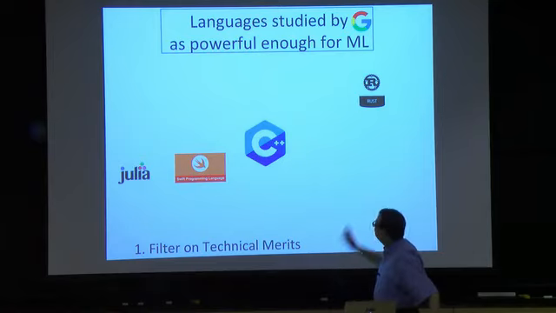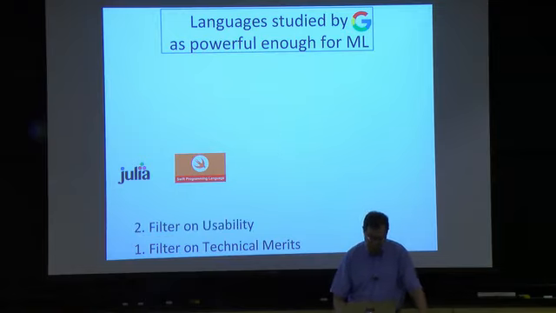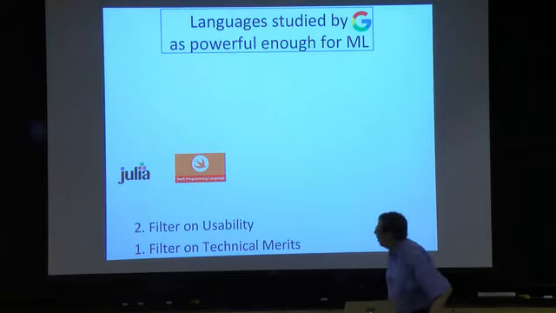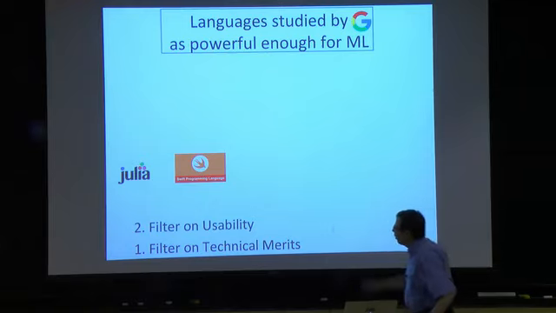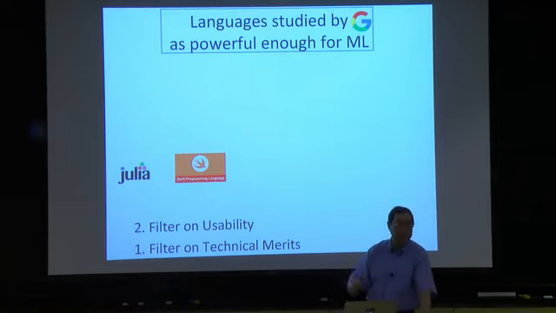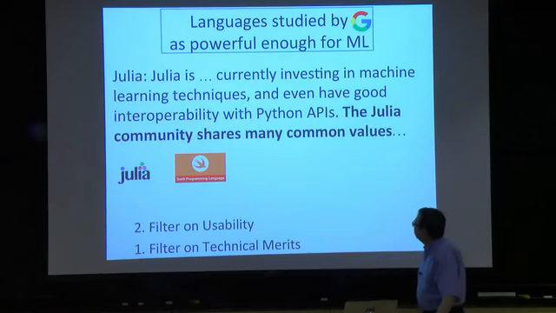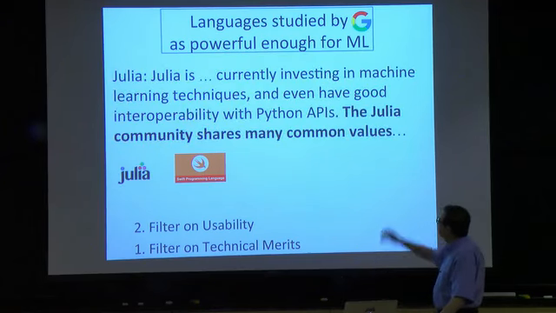So they leave four languages, Julia, Swift, C++, and Rust. Then if you go to the next part of the blog, they filter on usability, and two more bite the dust. C++ and Rust disappeared, and then they say that these are the only two languages they feel are appropriate for machine learning, and they put this nice quote, that it shares many common values.